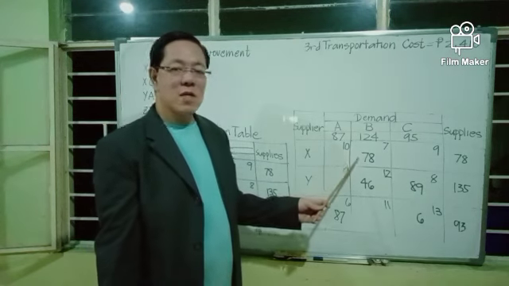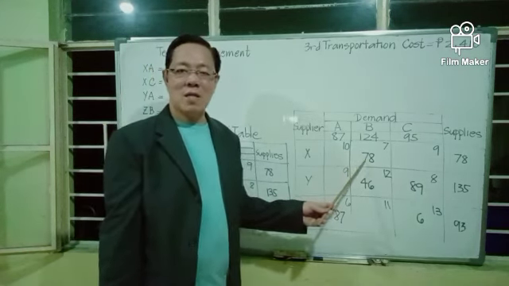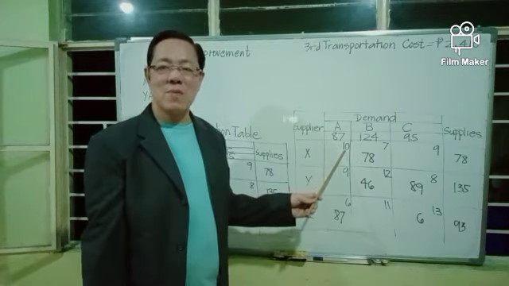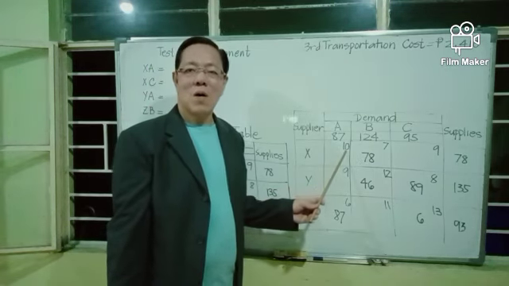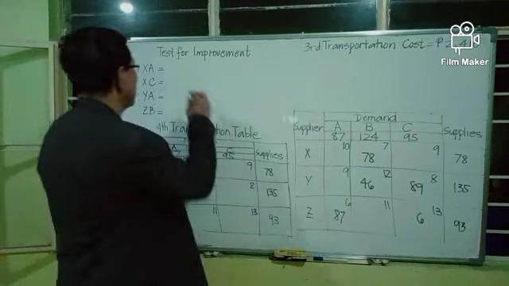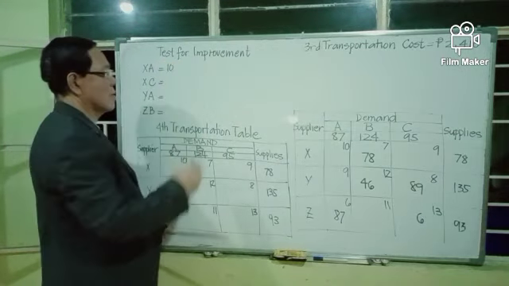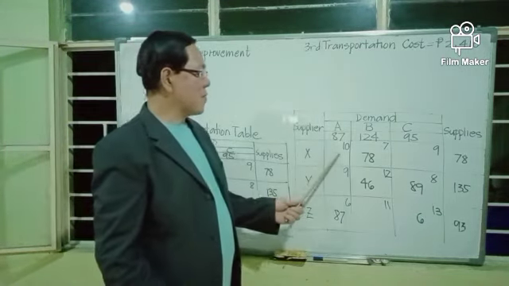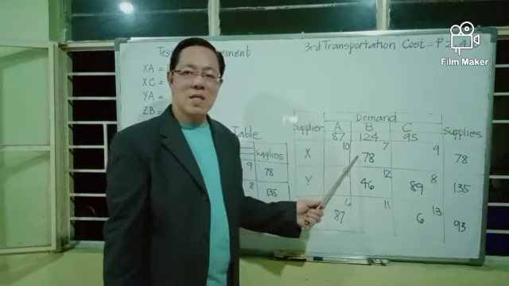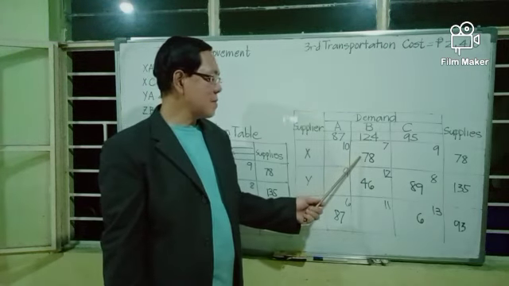And for that horizontal movement to the right, the associated cost is the positive of this cell cost, or plus 10. After this horizontal movement to the right, the next move is vertical.